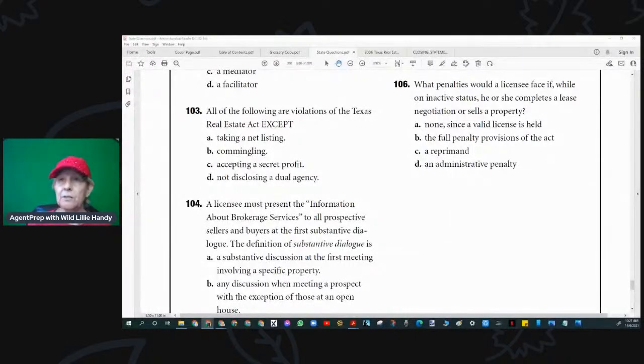So who else is going to type in an answer? Come on, all of you who are here, go ahead and participate. Deborah says A, taking a net listing. Who else is going to take a chance at this?